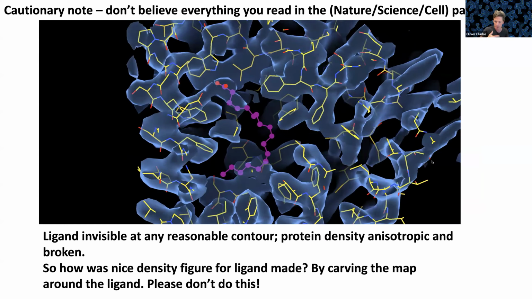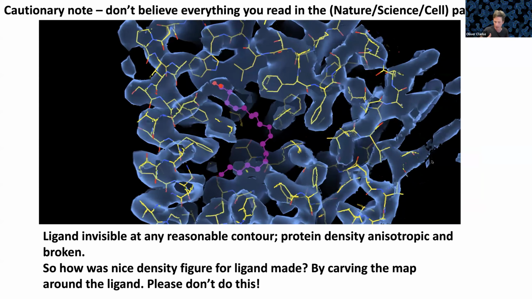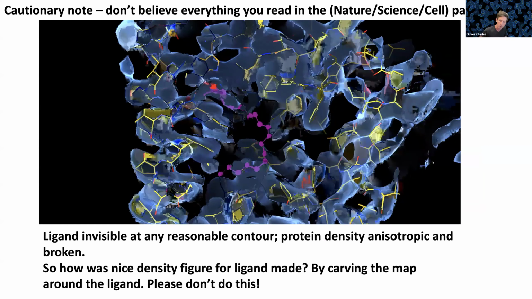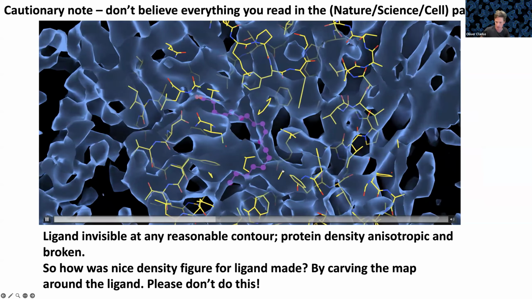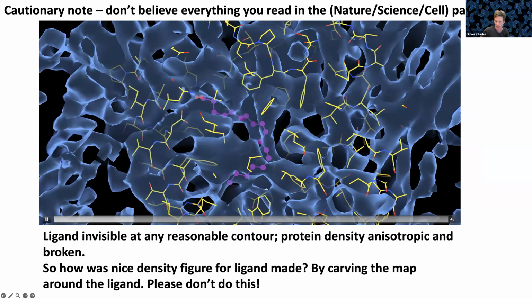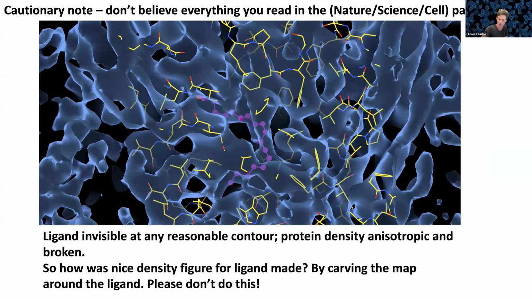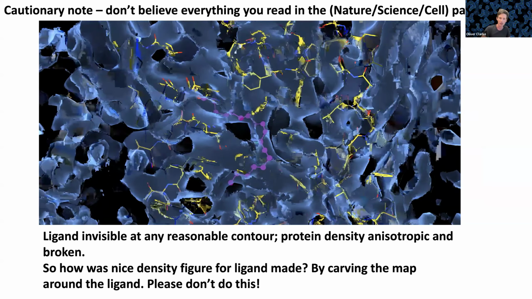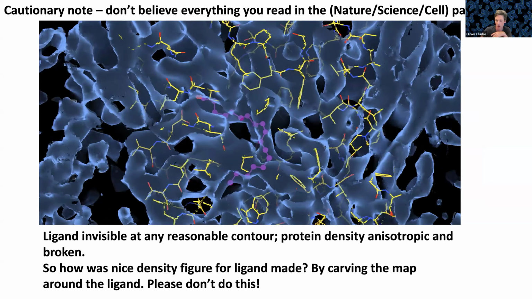If you use surface zone in ChimeraX or carve in PyMol, what will happen in that case is that you will take a map like this, where there's no single contour that's enclosing your ligand, and you will just carve out the density around the ligand and reclose the contour. So carve through the density and cut out all the density around your protein, but show unrealistic contours around the ligand.